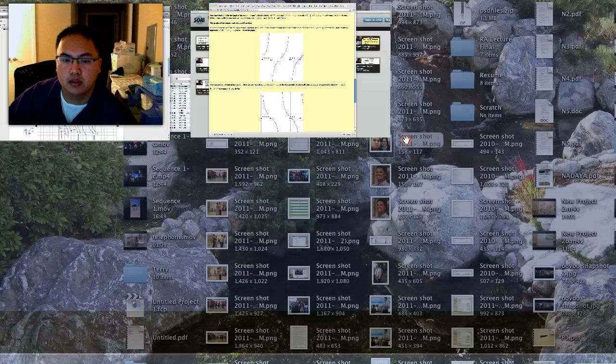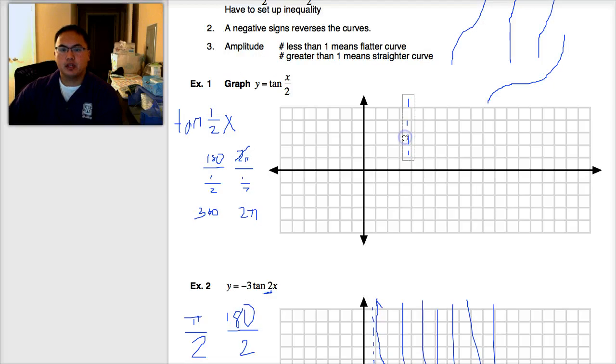So for tan 2x, you remember when we do any trig function, the number out in front is the amplitude. And remember, for tangent and cotangent, it means a flatter curve and a straighter curve. Tangent normally has a period of pi, so we're going to do the one from yesterday, tan 2x.